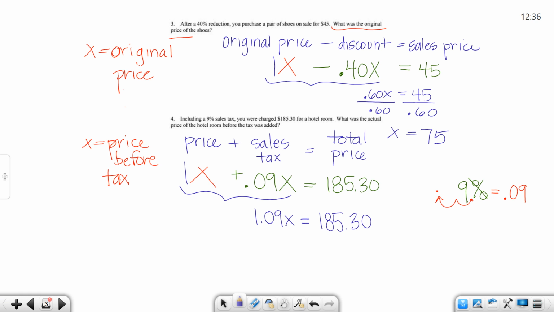Once you get there, you need to get X by itself, so you'll divide both sides by 1.09. I know the numbers are ugly, but if you're using a calculator, it gives you really nice numbers. When you divide 185.30 by 1.09, you get 170. So that would be the hotel room's price before tax.